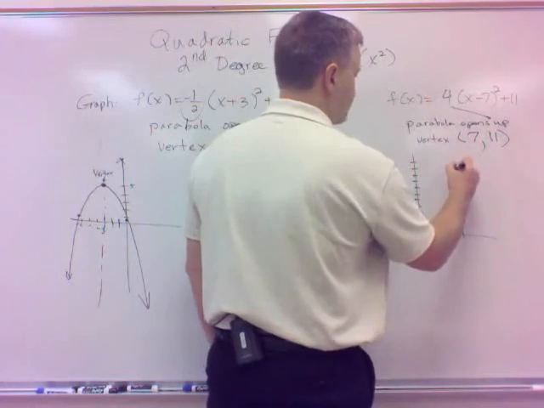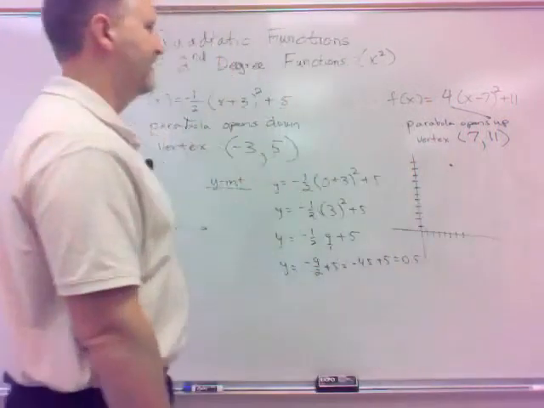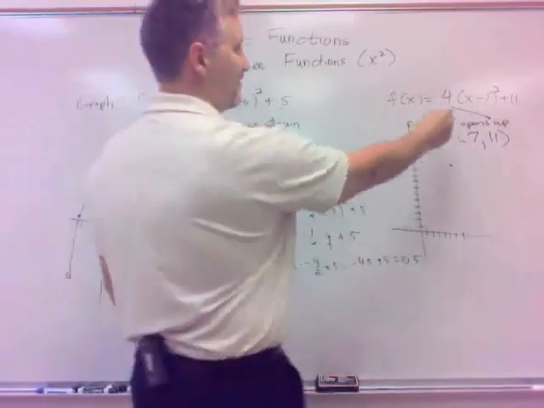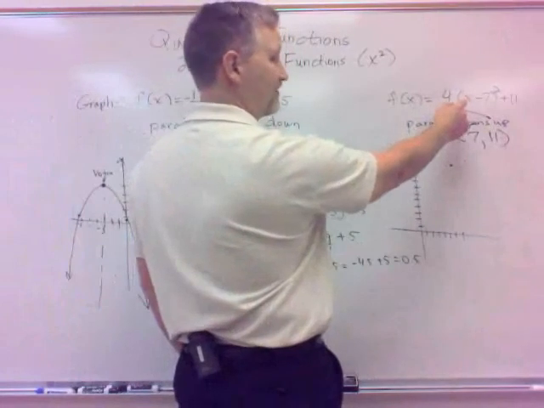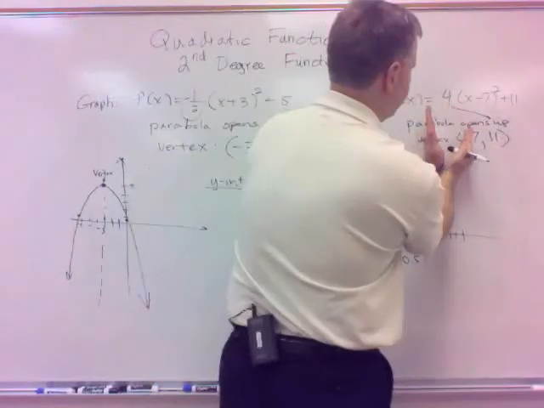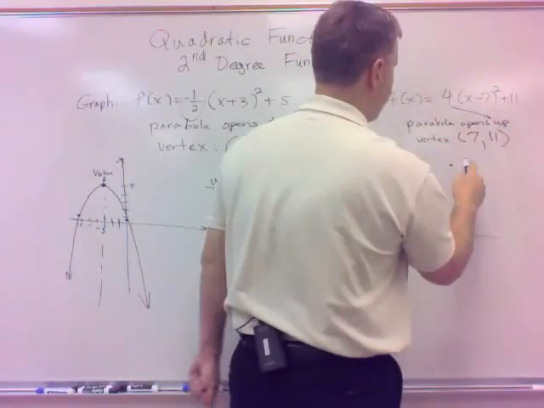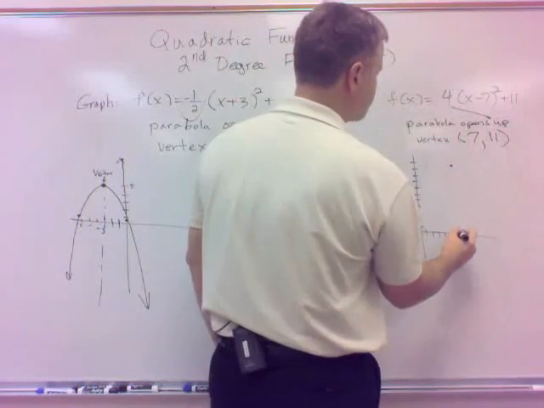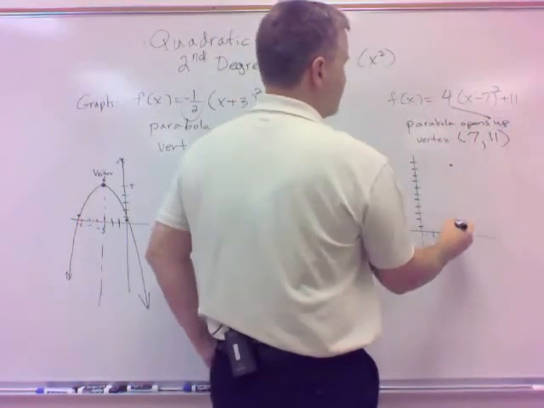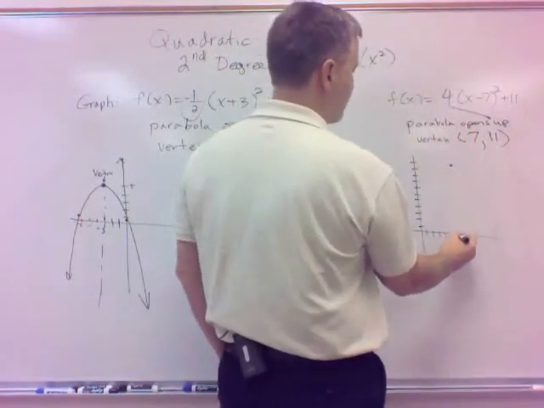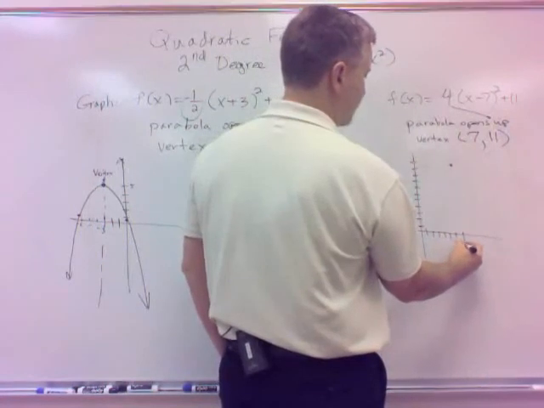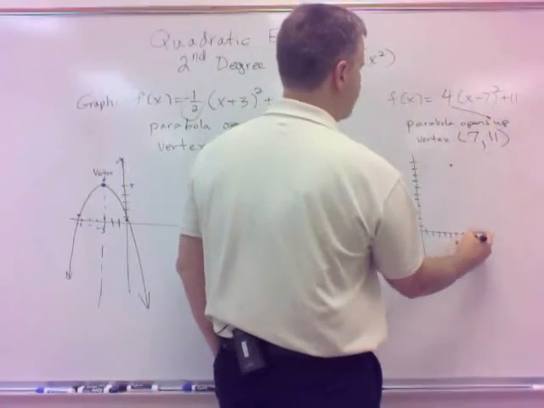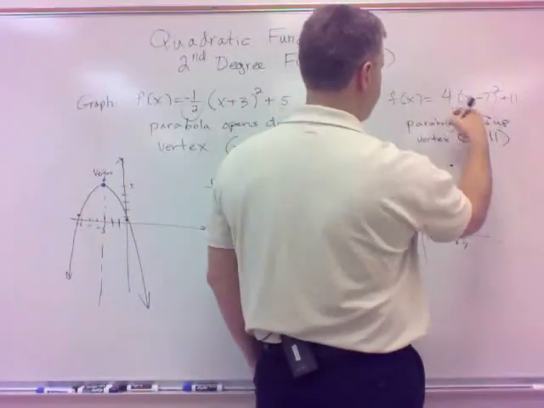Positive 7, positive 11, and it's much narrower than the x squared graph because that's a positive 4. So you're talking x squared here. That one's going to be really, really narrow. Another point we could talk about is, if that's 7, then I could look at this 6 point. If x is 6, that might be a little better than the y-intercept in this case.